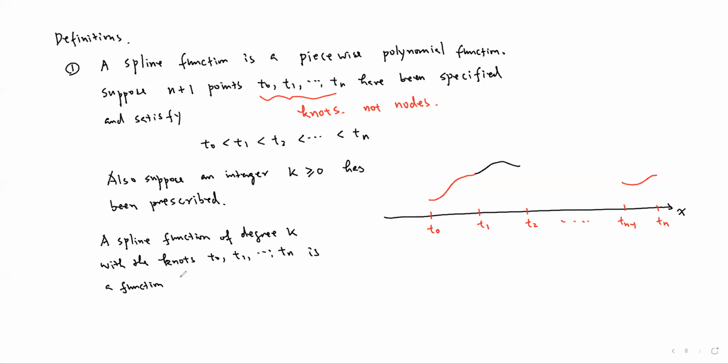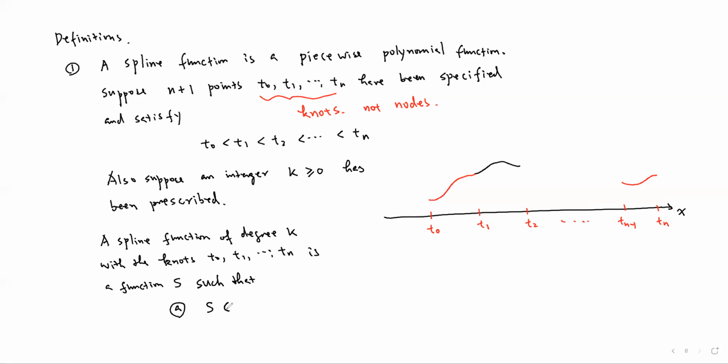According to the book, call this function S, the first letter of spline, such that we connect all the polynomials smoothly.